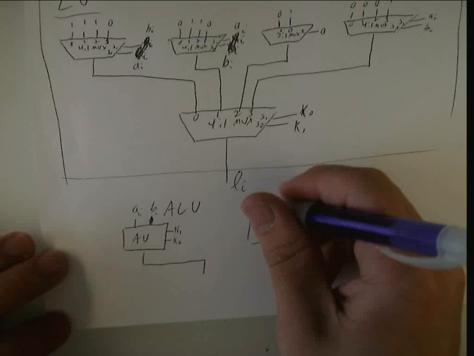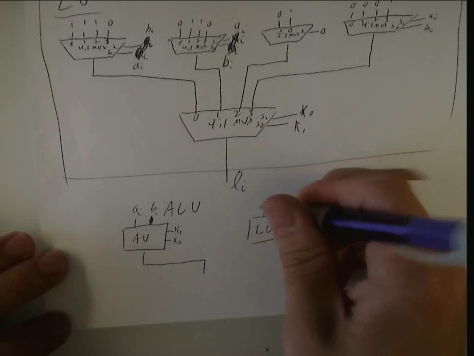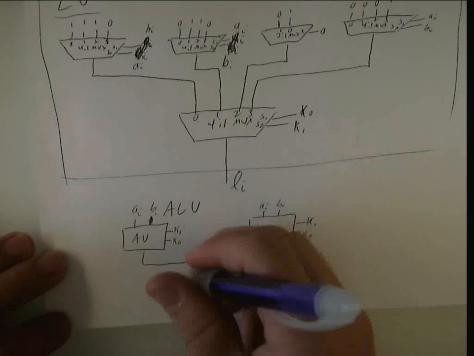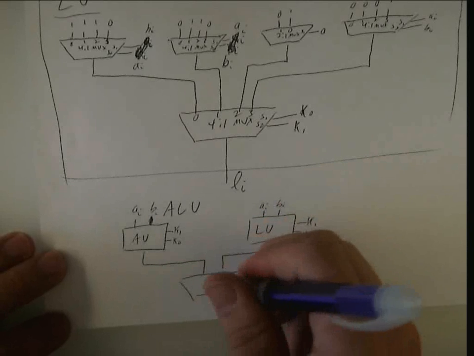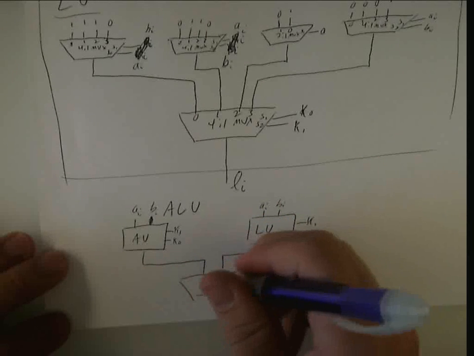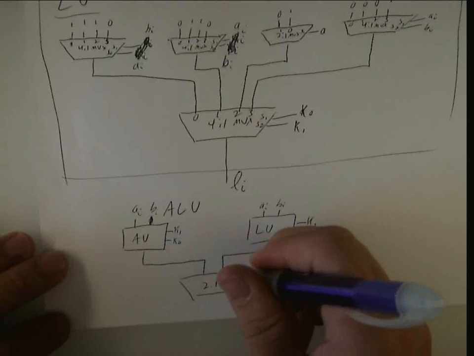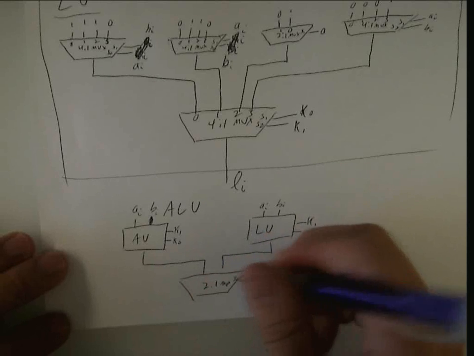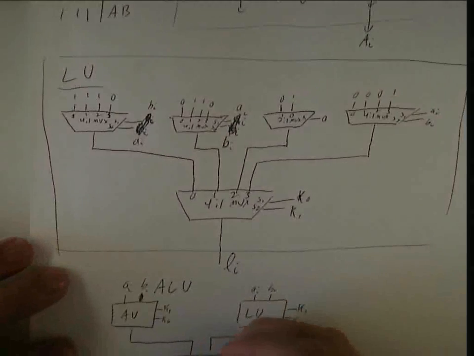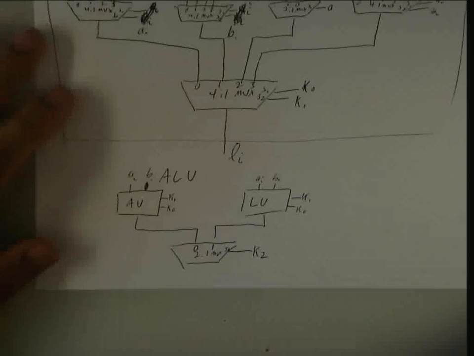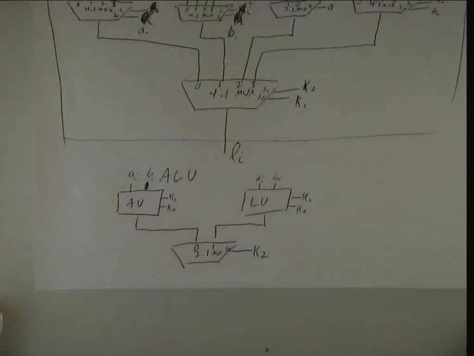I'm going to have A sub I, B sub I going in, and I'm going to want to put this all into a normal size 2 to 1 mux with S0. I'm going to basically choose between those with K2. I use my AU when K2 is 0, my LU when K2 is 1. And so that is the final block diagram of the problem.